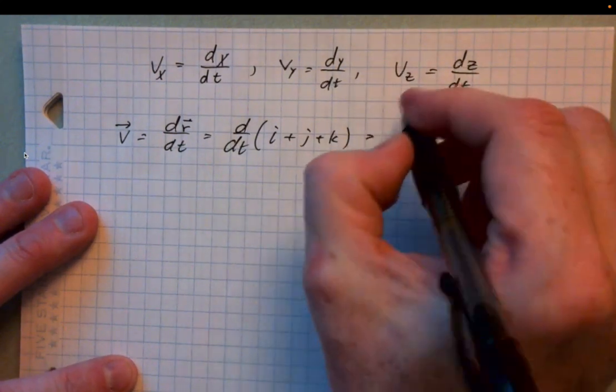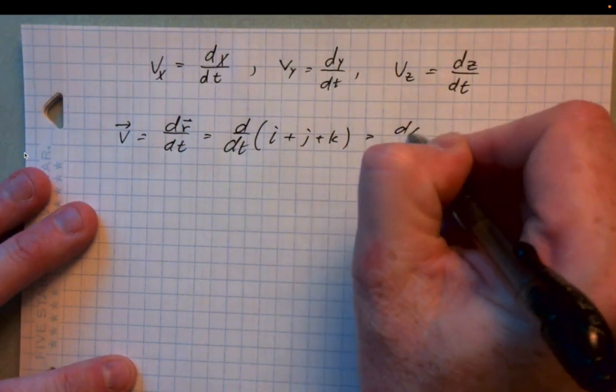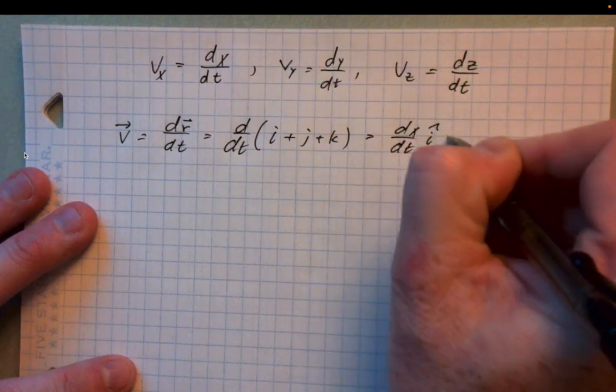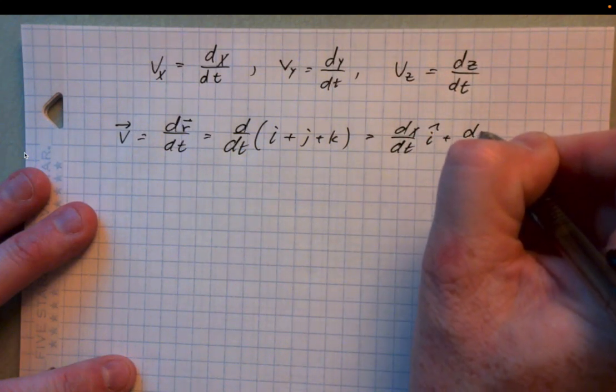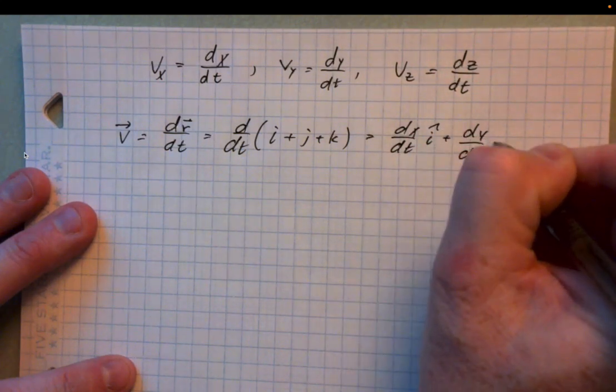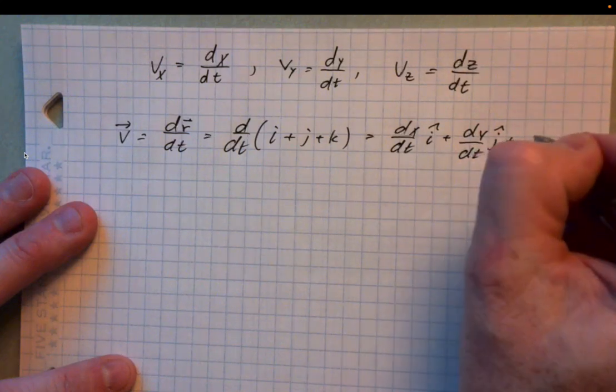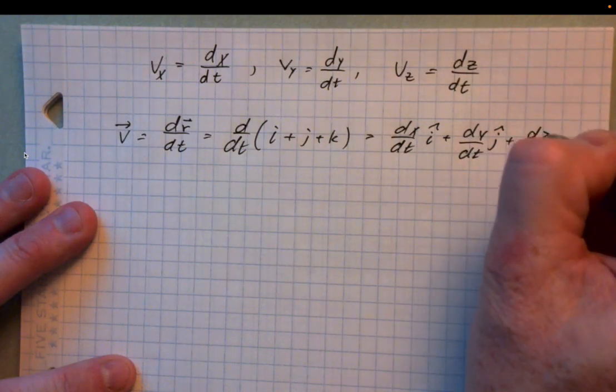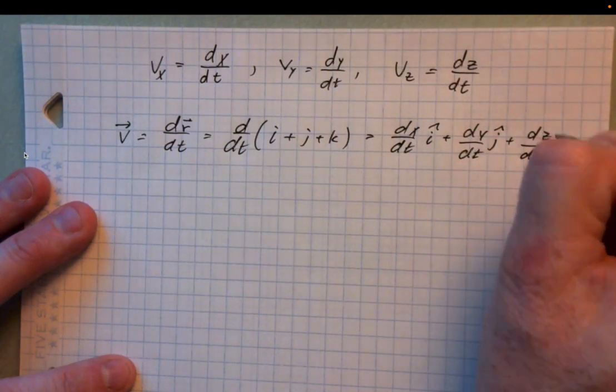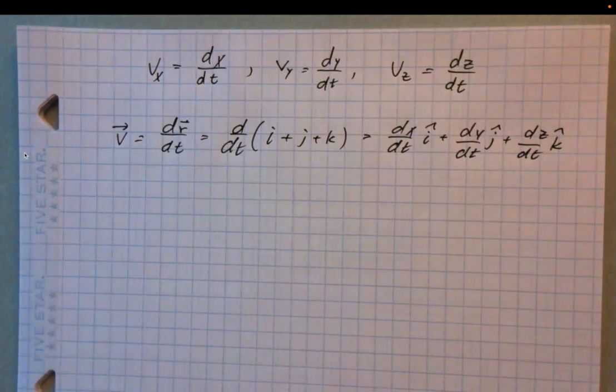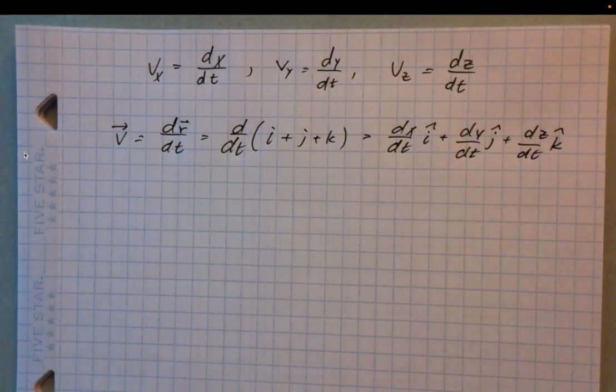So you could write it like that. You could also think of it like this: dx dt i plus dy dt j plus dz dt k. So this would be the velocity vector.